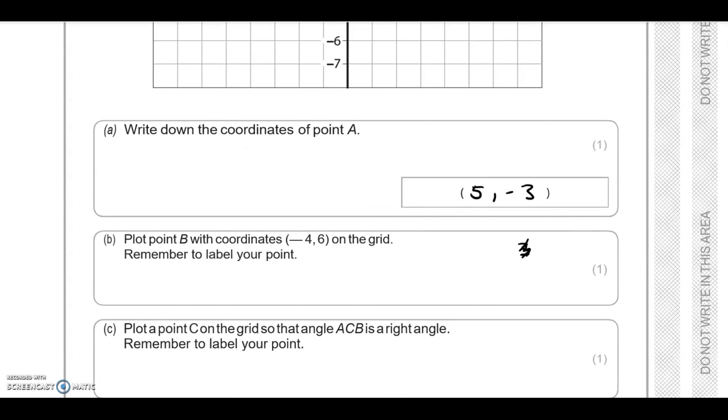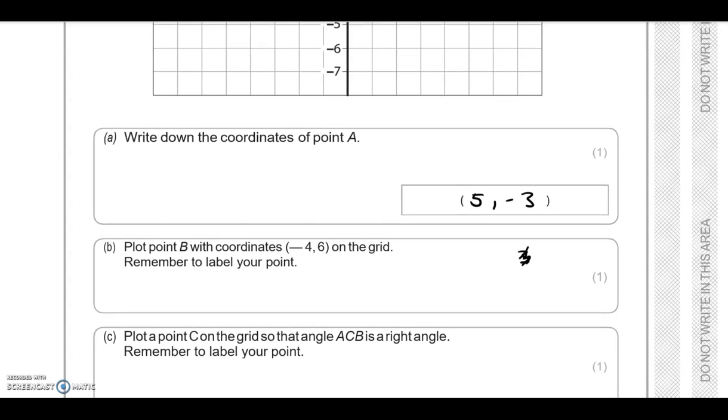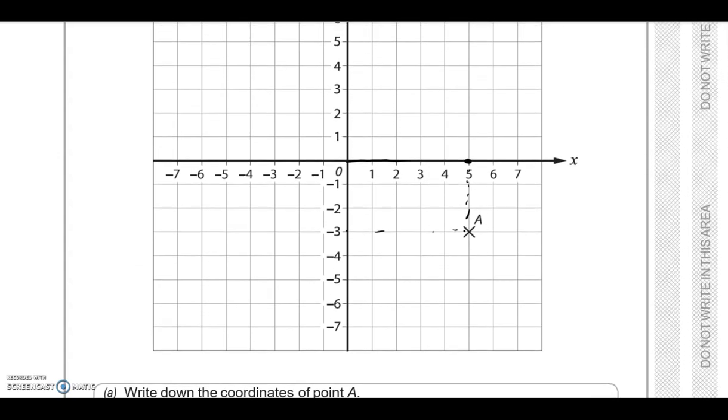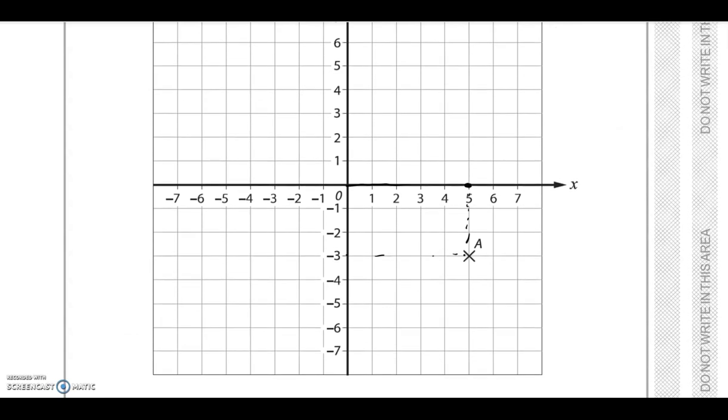Plot point B with coordinates -4, 6. So -4 on the x-axis and going up to 6. Well, at this point, I'll label it as B.